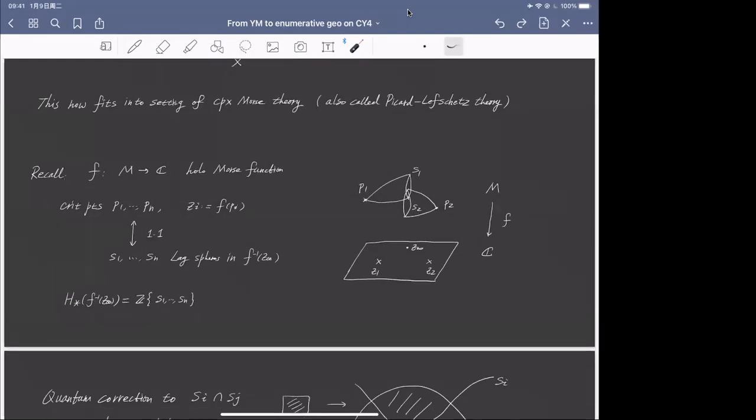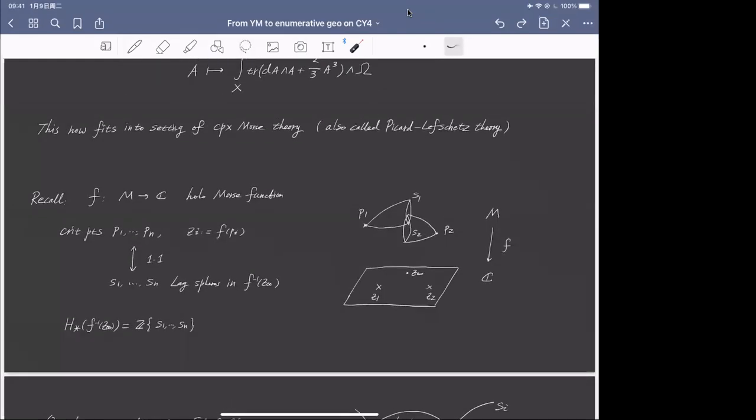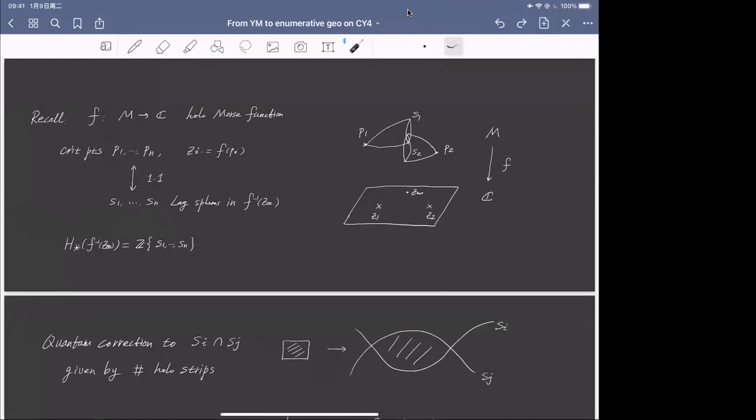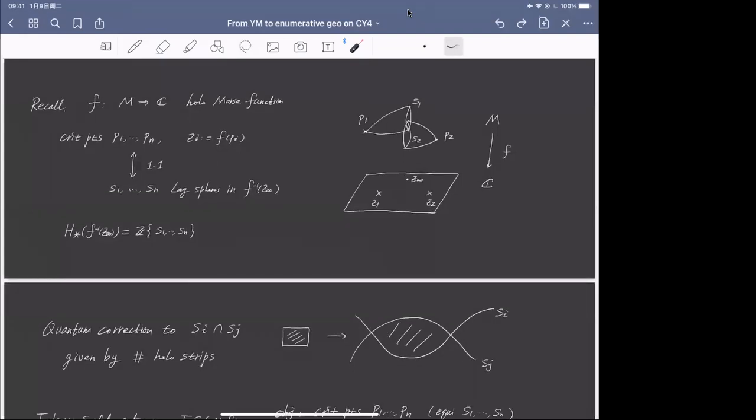Then basically the classical Picard-Lefschetz theory studied the topology of M from the information of the intersections of these Lagrangians and also some monodromy actions from the base. But what's more interesting is the so-called quantum corrections to these Lagrangian intersections.